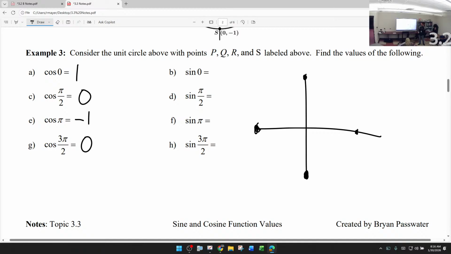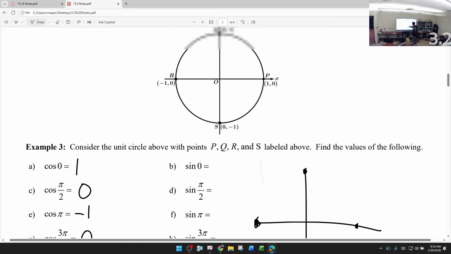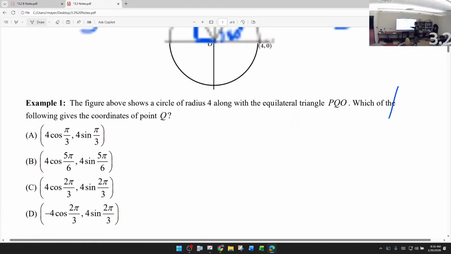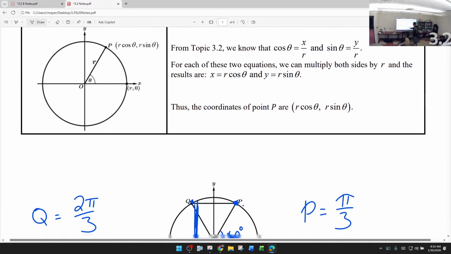But y'all can see, look, where'd that unit circle go? Where'd it go? That was over here, wasn't it?